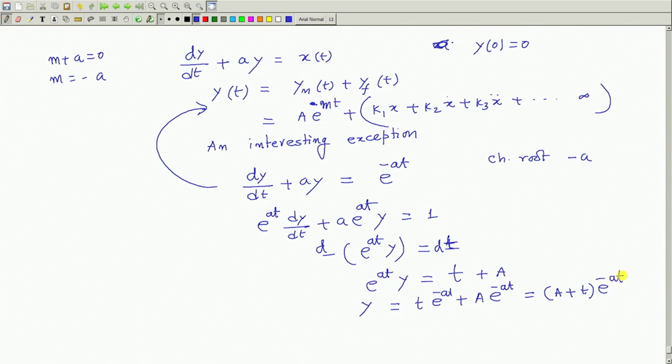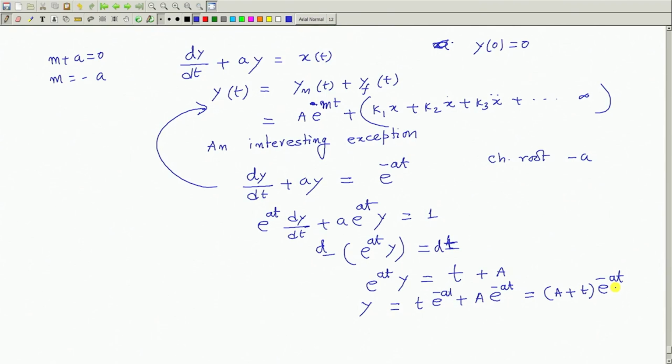And the natural part remains undisturbed, but the solution due to the forcing function is not simply e to the power minus at, and it is not like you differentiate up to infinity. So, this exception rule one must understand. Then of course, it will be very easy, you just integrate and get that.